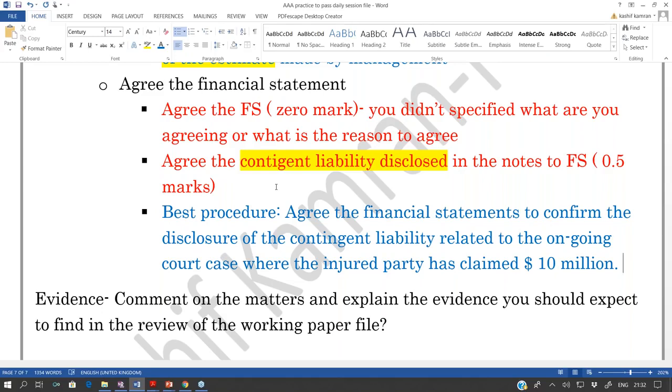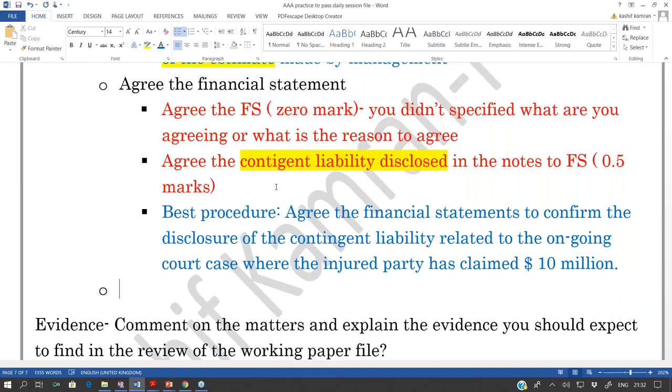Did you recognize a procedure which scores 0 marks, a procedure which scores 0.5 marks, and a procedure which scores 1 mark? So what's the best way? Have you identified a procedure with 0 marks, with 0.5 marks, and with 1 mark?